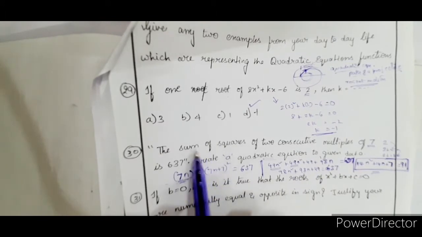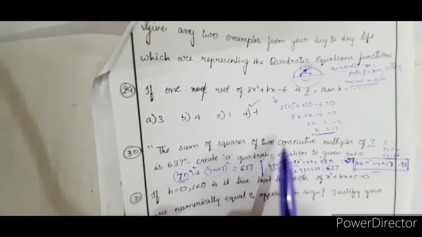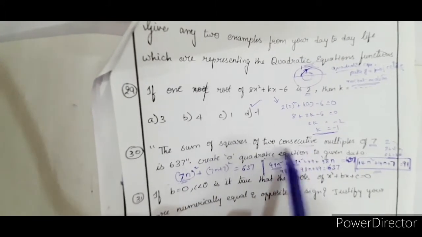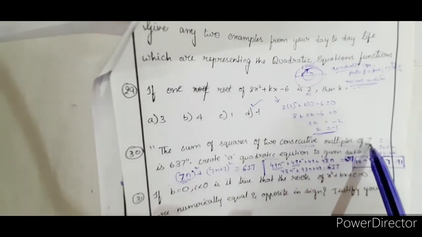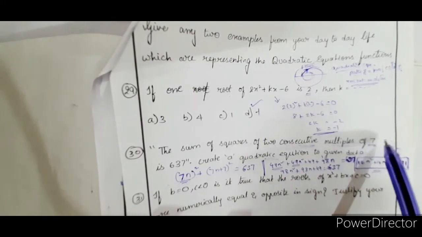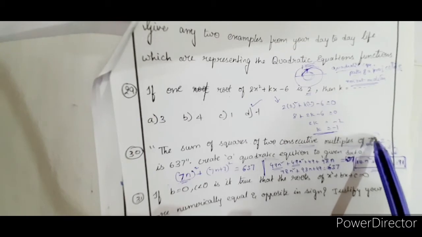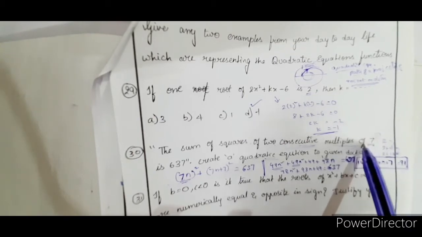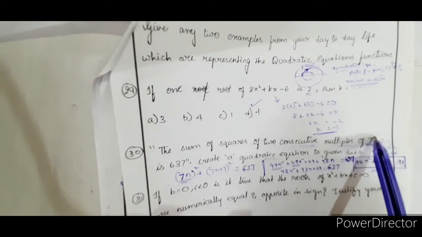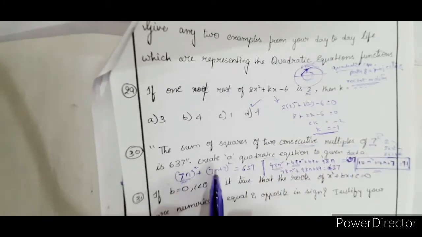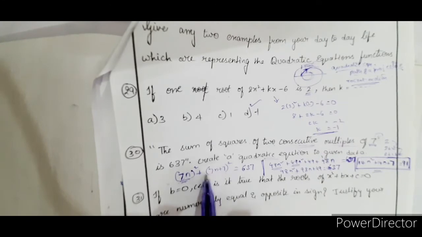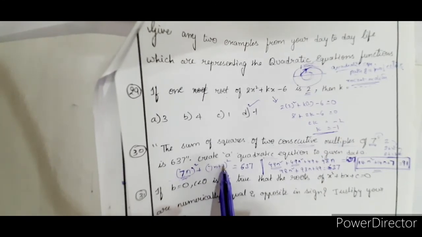Here they are asking the sum of the squares of two consecutive multiples of 7. We don't know what the numbers are, but if n is any integer, 7n is a multiple of 7. The next immediate one will be when you add one more 7 to it, then it will be the next consecutive multiple of 7.